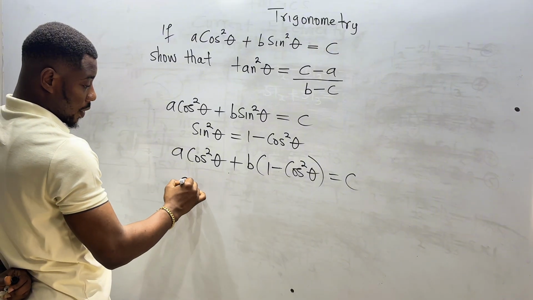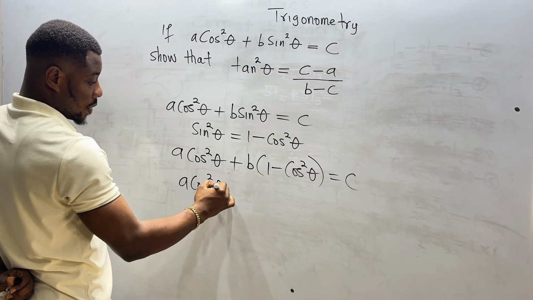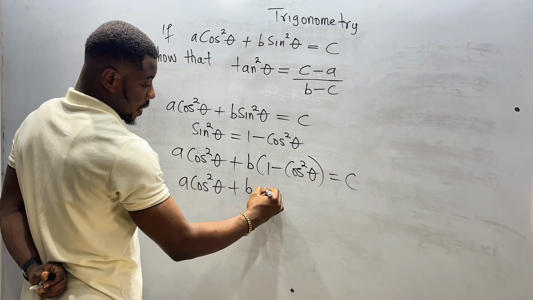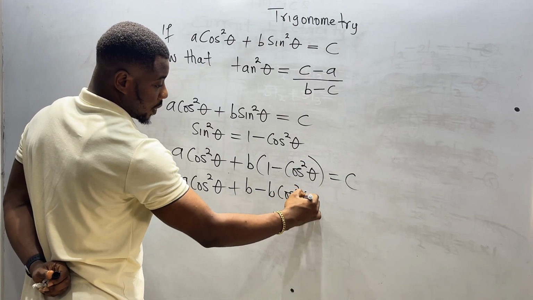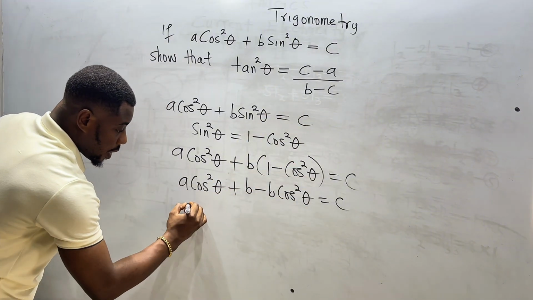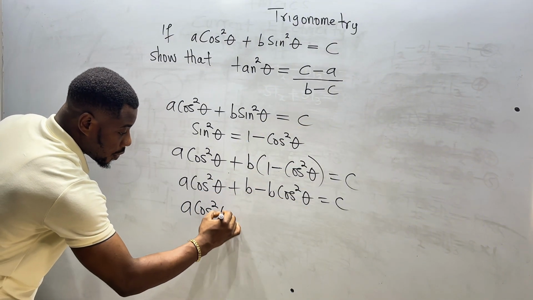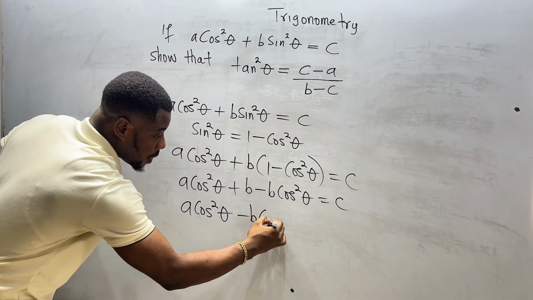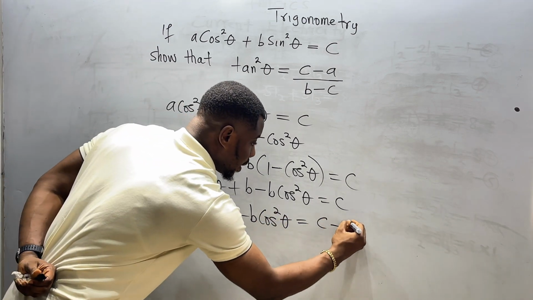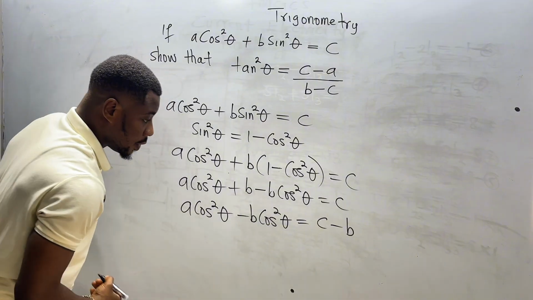So I'm going to have a cos squared theta plus b times 1, and b times this becomes b cos squared theta, equals c. If I carry b across, I'll have a cos squared theta minus b cos squared theta, which is equal to c minus b, because I move b over to the other side.